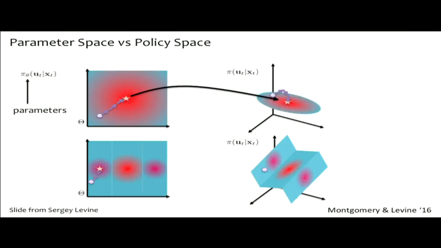Whereas in policy space, optimizing the policy might be easier in practice. If you're using trajectories to make these updates, you might be able to find the optimum in this policy space, and then project it back to what your policy can represent.